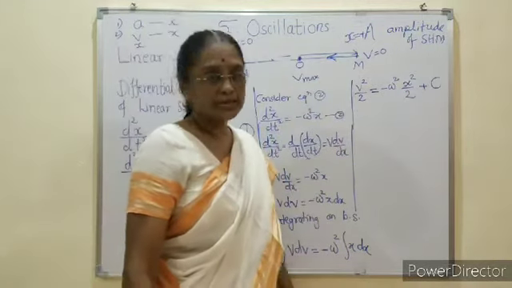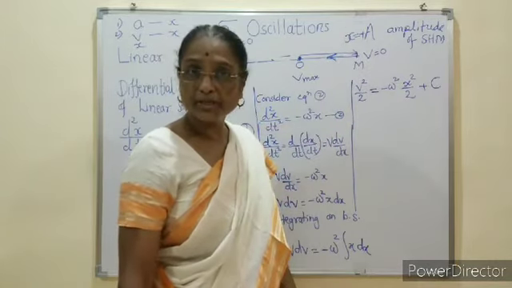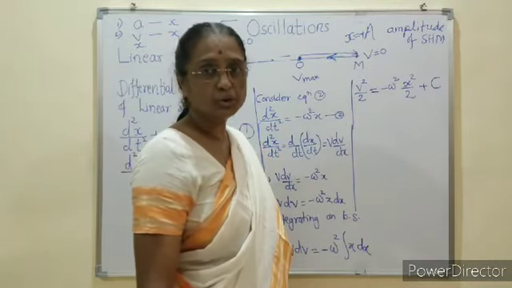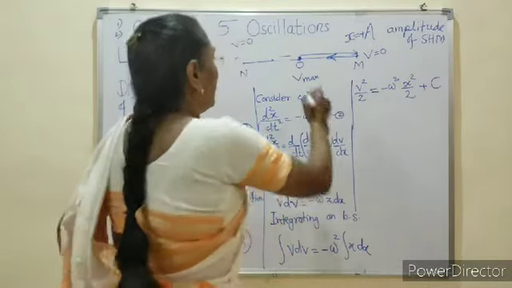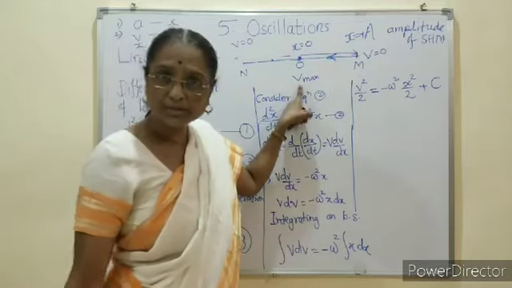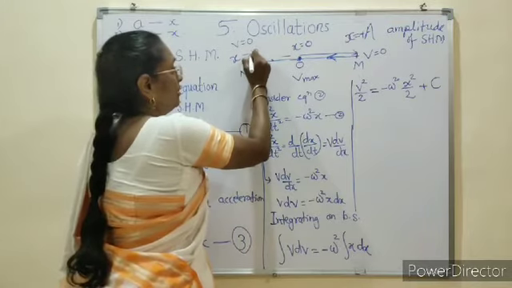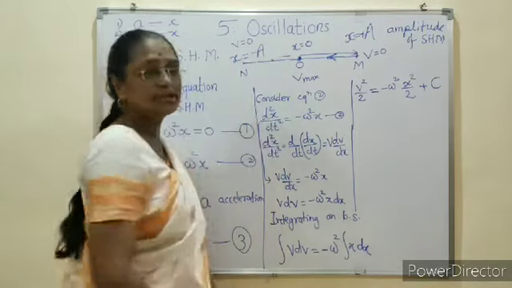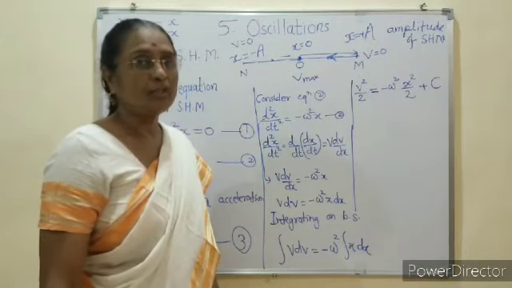In case of linear SHM, amplitude of SHM is plus a, which represents maximum displacement from the mean position. At this position velocity is 0. At the mean position x is exactly 0, but v is maximum. At the left extremity x is equal to minus a, velocity is 0.